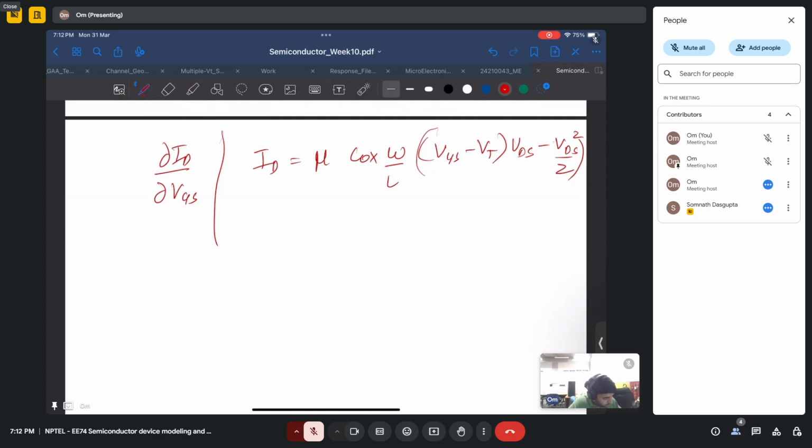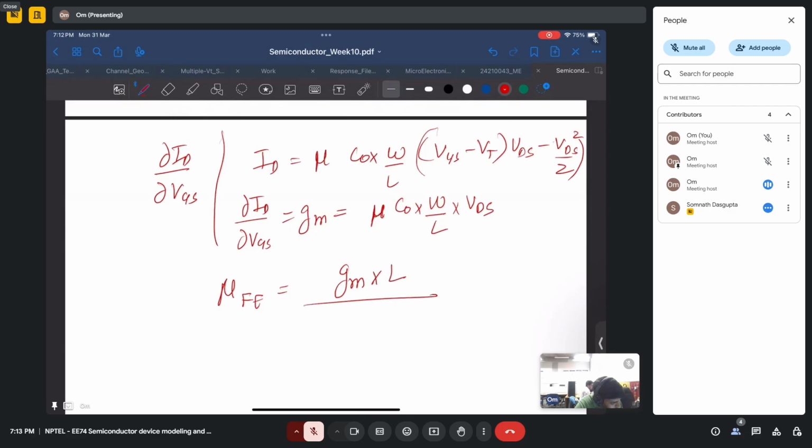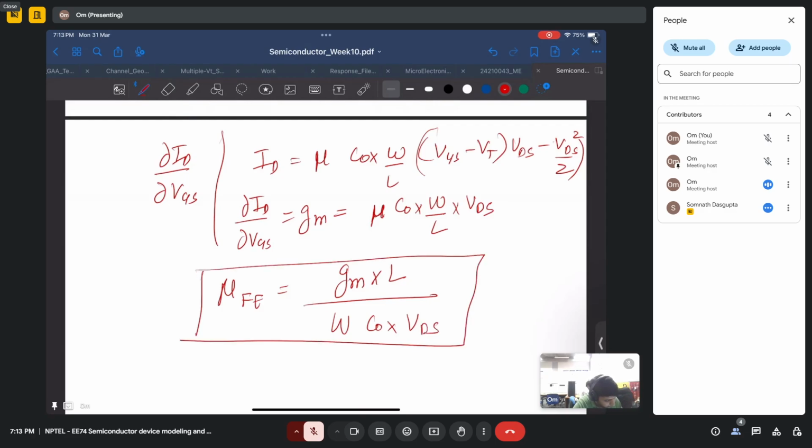So if I do del ID by del VGS, it is C ox W by L into VDS. Alright, so here now mu field effect will be equal to Gm into L by W C ox VDS. There is the mu field effect.